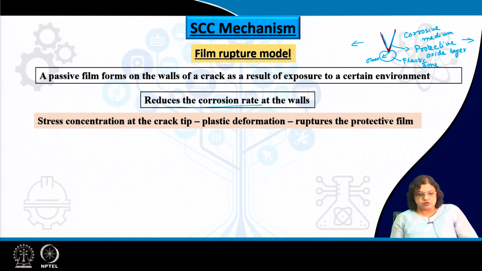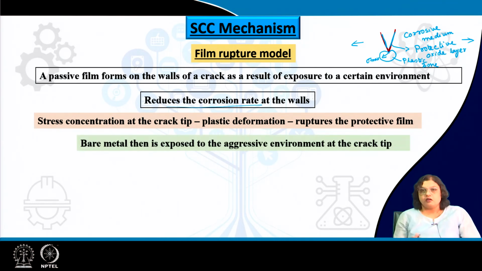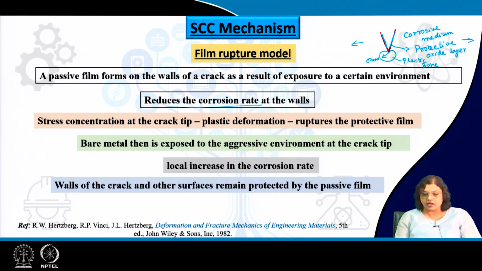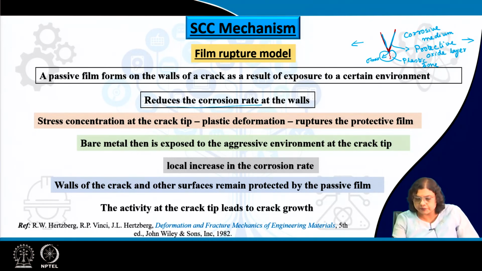So, there are further chances for the corrosion reaction to occur, and most importantly, this nascent surface is now very much prone to proceed further. That locally increases the corrosion rate, and in turn the crack is expected to proceed. That means the growth of the crack will occur, and it will happen at a faster rate.